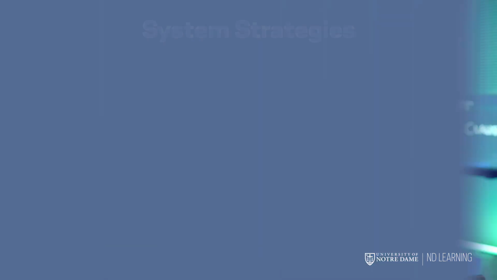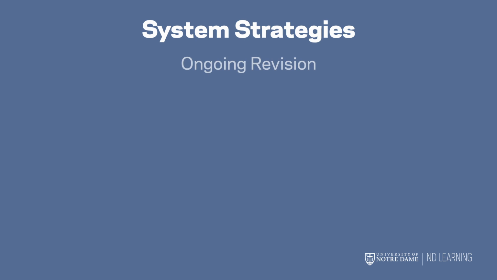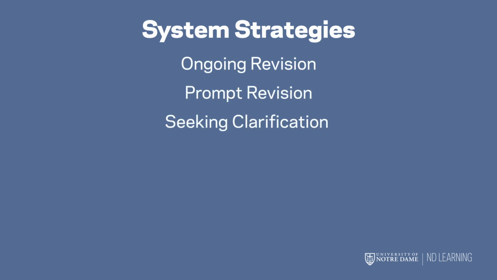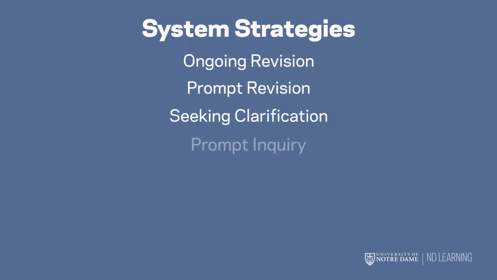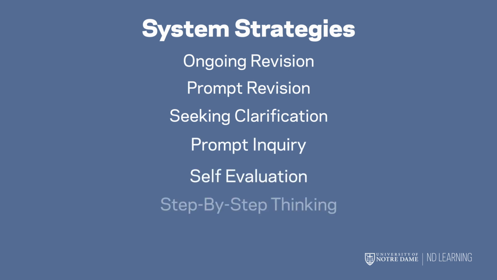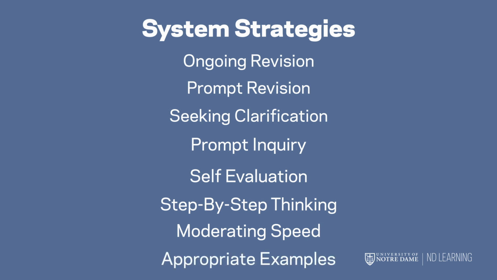And we talked about a number of strategies to activate the features of the system, including asking it to try again, revising our prompt iteratively, asking for clarification, the back and forth between us and the system, even asking it for help on how to write the prompts. We also talked about self-evaluation, asking it to have step-by-step thinking, telling the system to take its time in complex situations, and giving examples to the system that are appropriate.